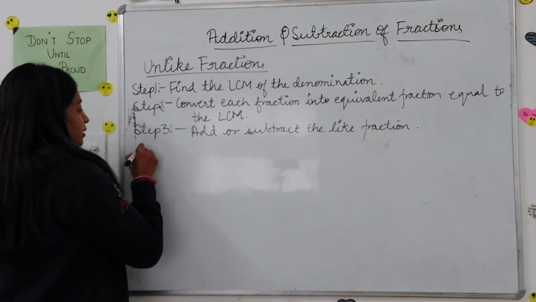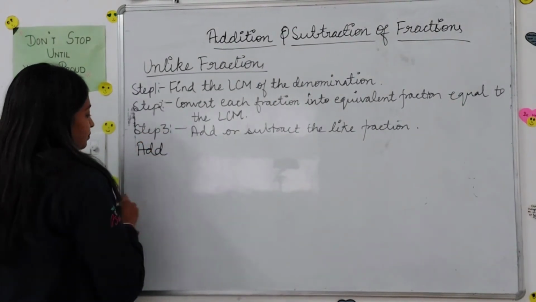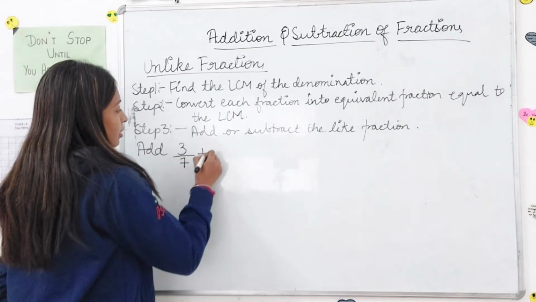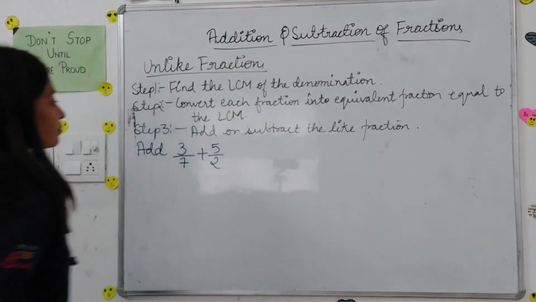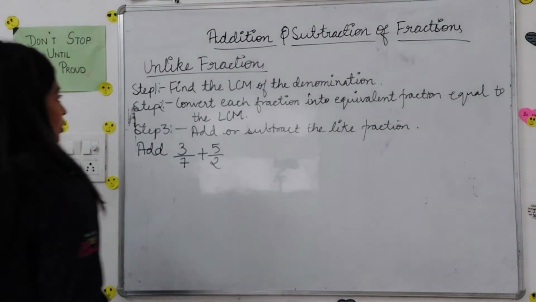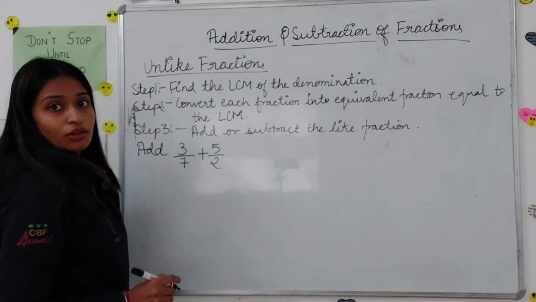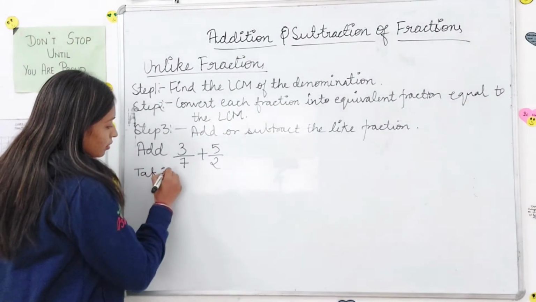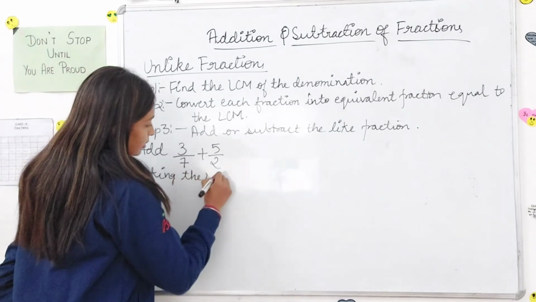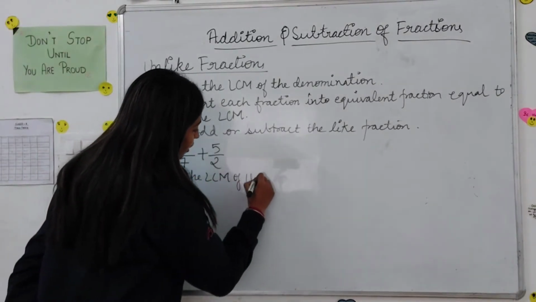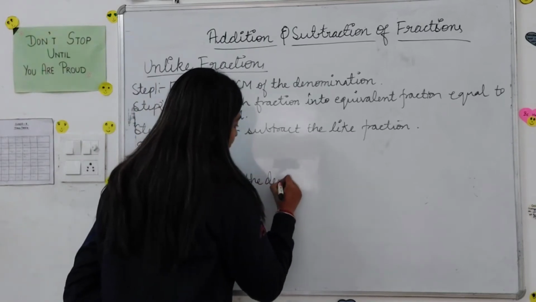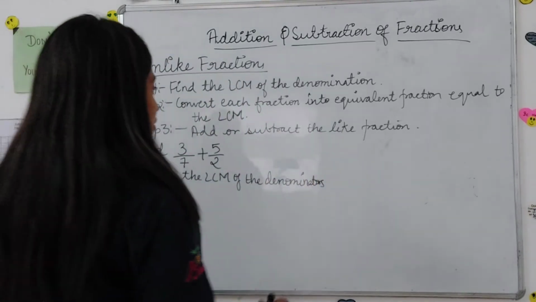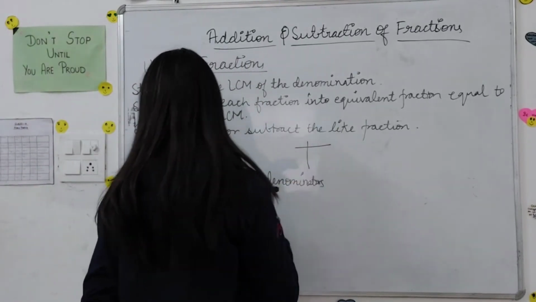For example, first of all, let's add 3/7 and 5/2. First we will find the LCM of the denominators.